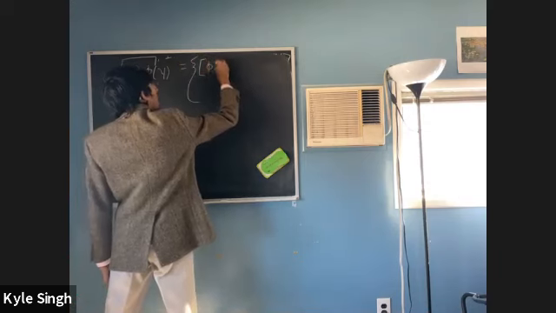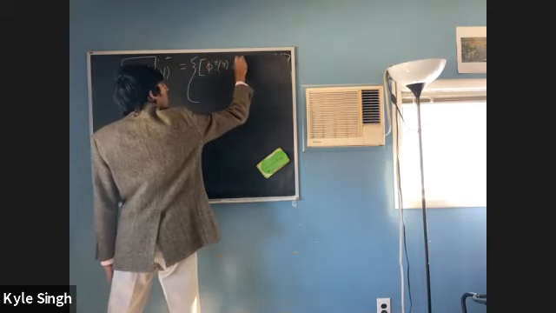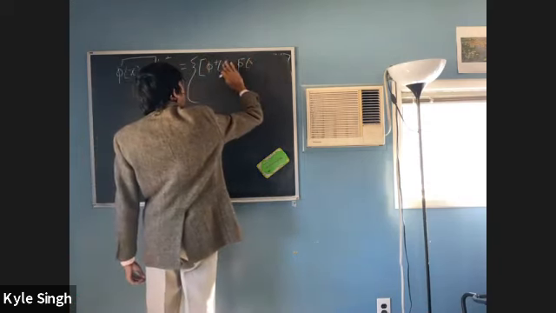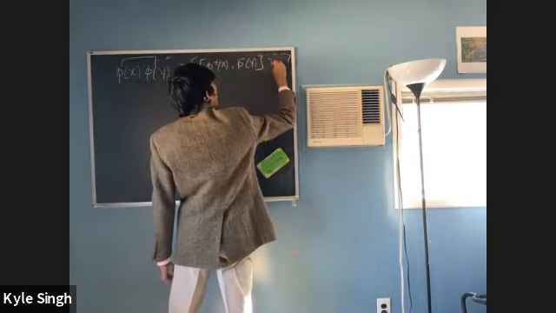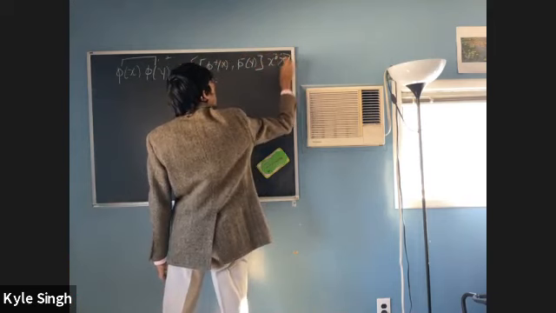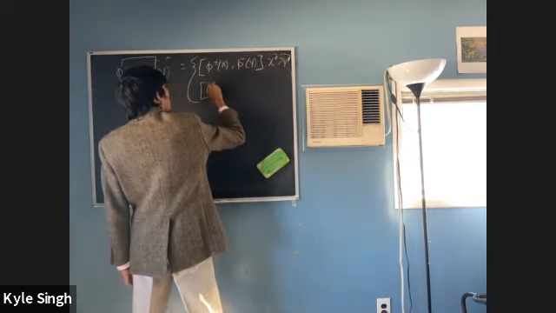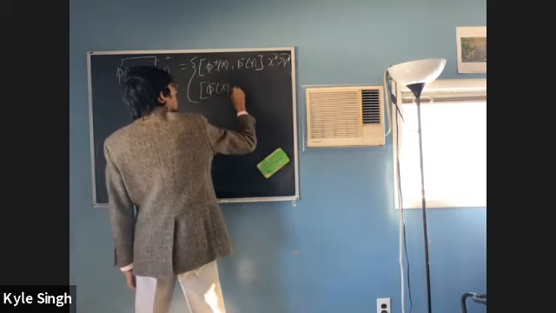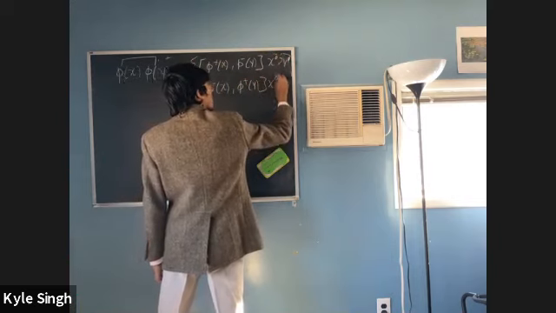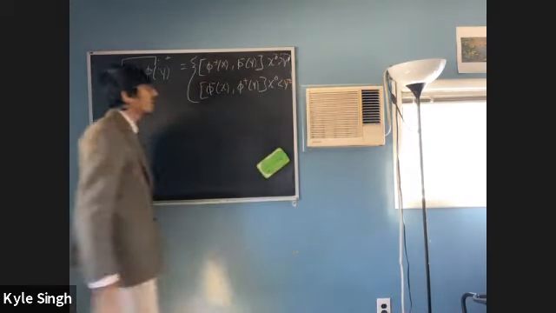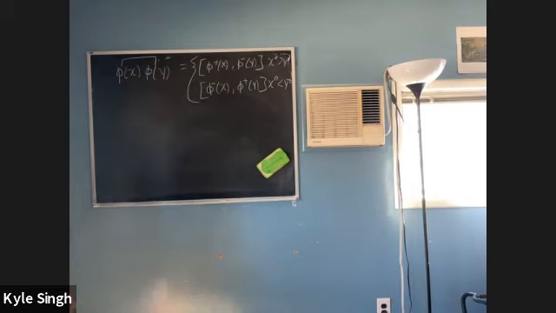It's the commutator of phi plus of x and phi minus of y for x0 greater than y0, and the commutator of phi minus of x and phi plus of y for x0 less than y0. I defined it as the commutator.